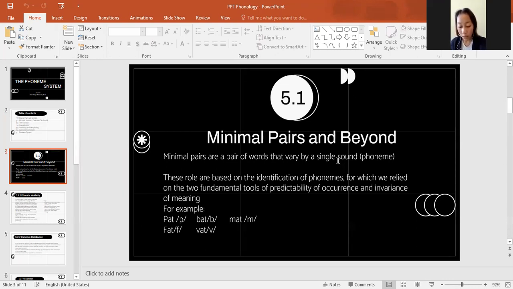On the other hand, if those two sounds can occur in the same environment, producing different words, they belong to different phonemes.